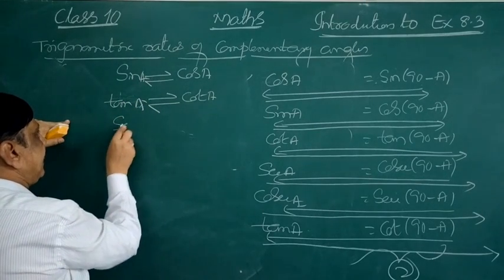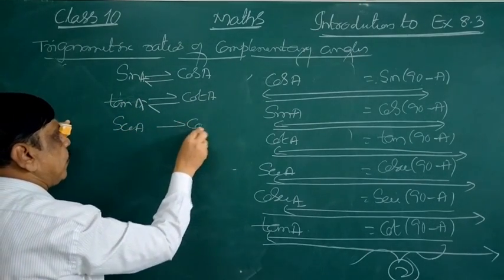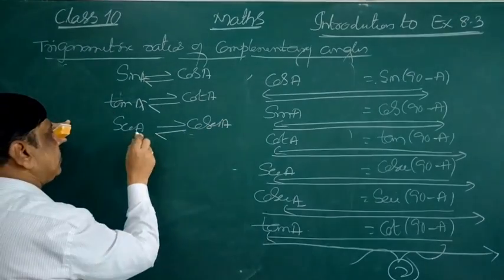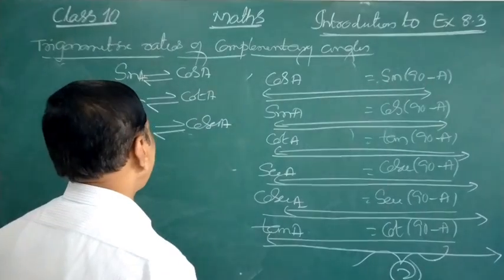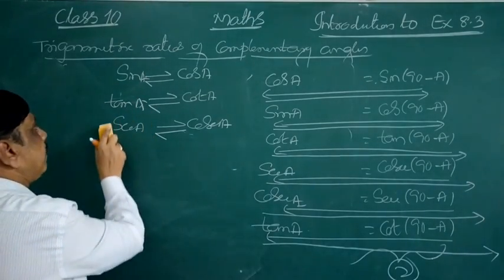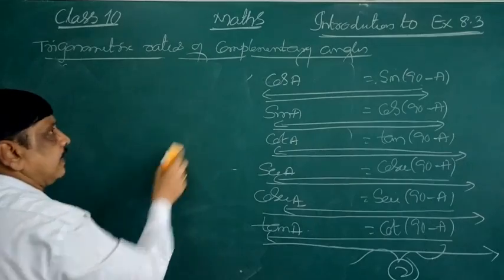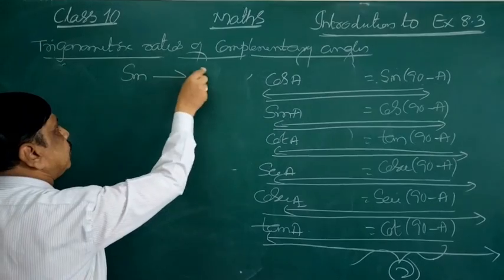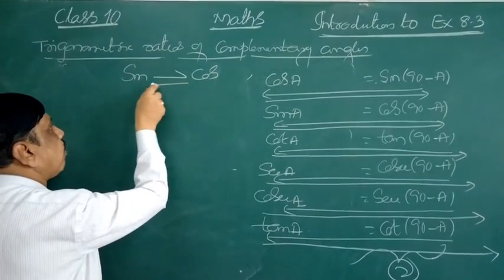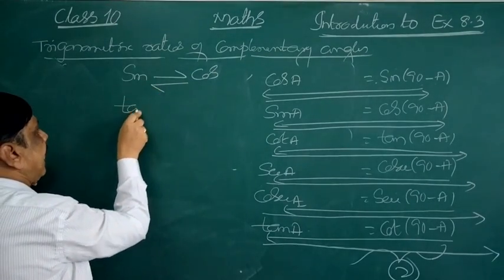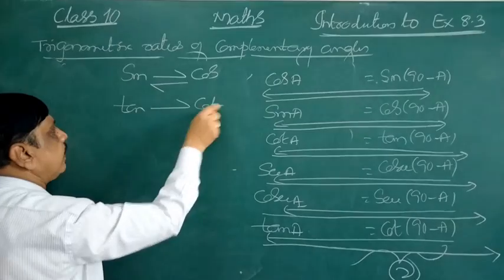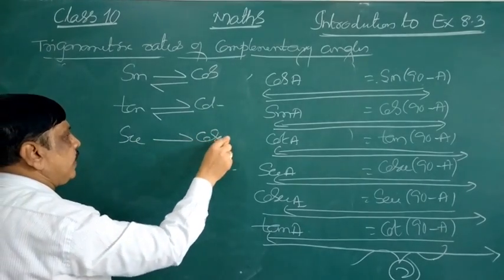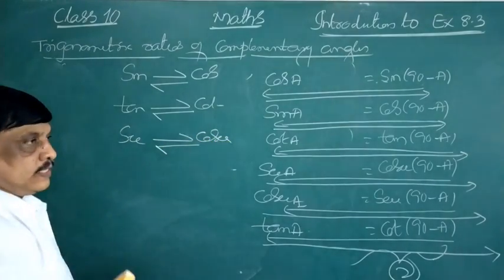Next, secant A changes to cosecant A, and cosecant A changes to secant A. Okay, so here you learn like this. Here observe that sin ratio changes to cos, and cos changes to sin. Tan changes to cot, cot changes to tan. Secant changes to cosecant, cosecant changes to secant.